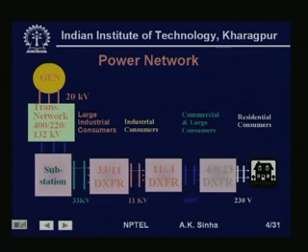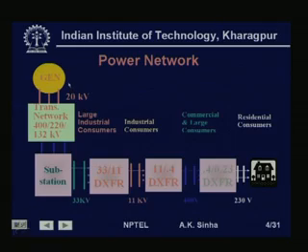We all know that transformers are an integral part of any electrical network. As you can see from this diagram, we have generation from generators, which is normally in the voltage range of 11 to 30 kV, and then we connect it to a transmission network which may be working at levels of 400, 220 or 132 kV.